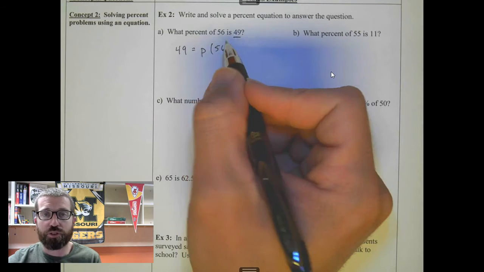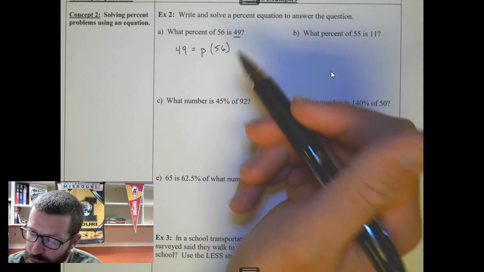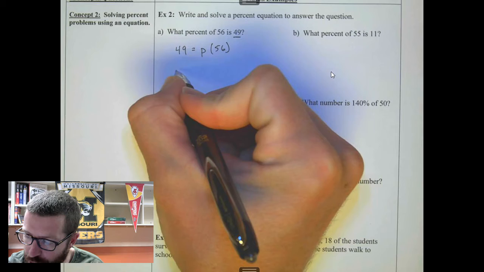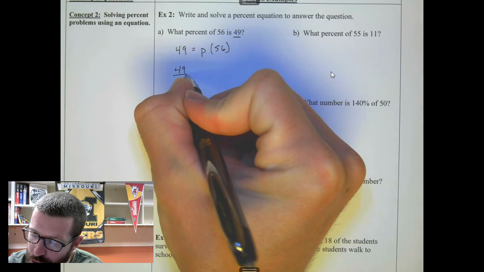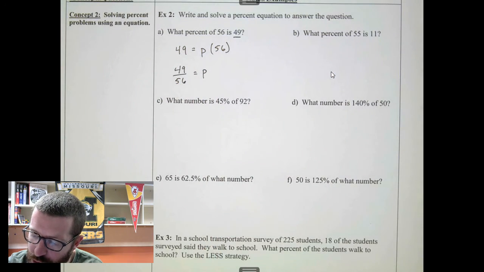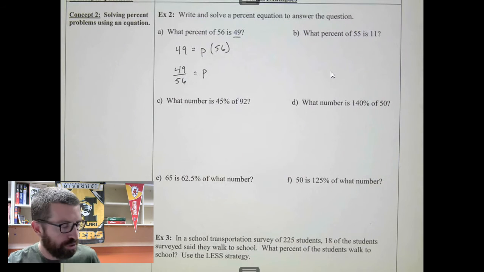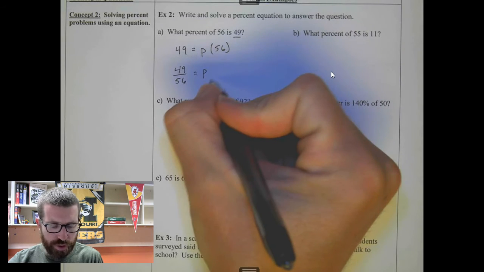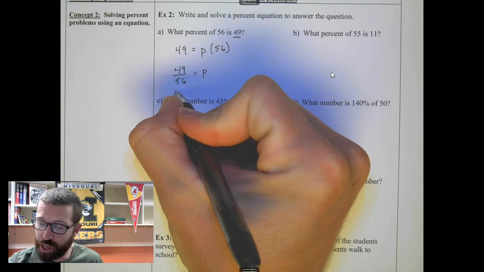And then after this first step of using this equation, I want you to try to memorize this shortcut. So if you divide by 56 on both sides, you get 49 over 56. And a lot of students are pretty used to seeing this because this is how you find what percent you got on a quiz or test, right?